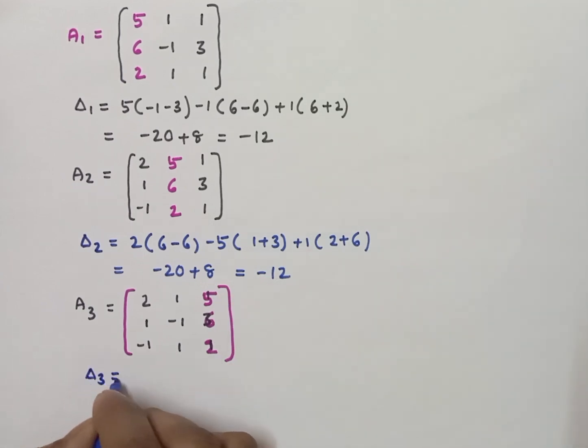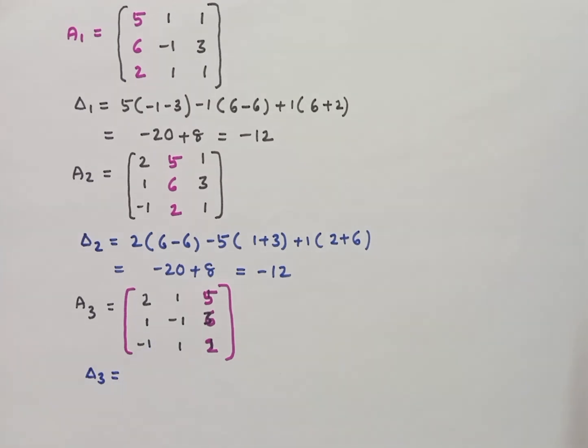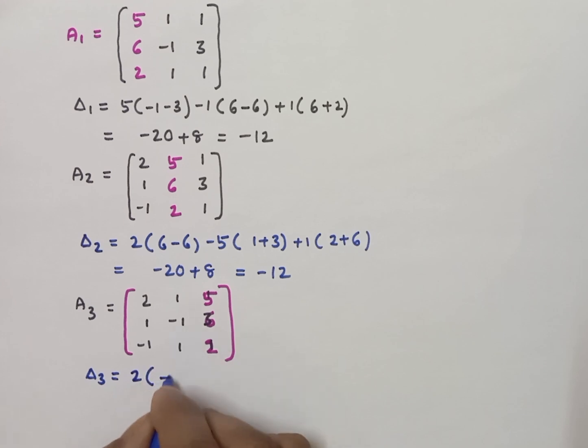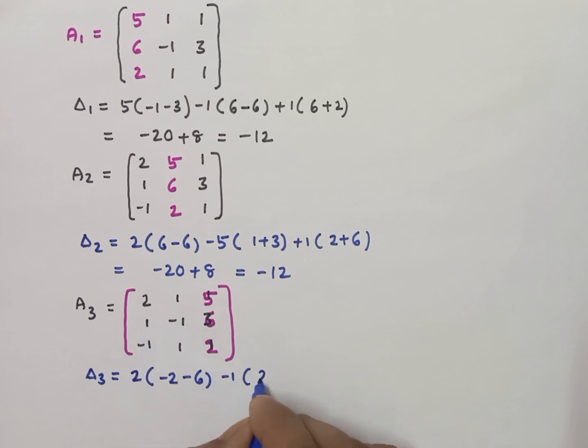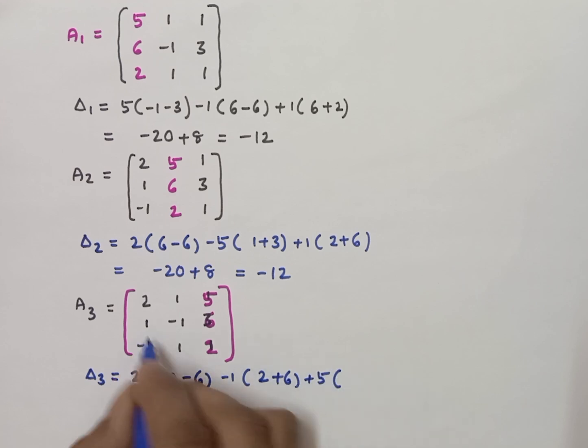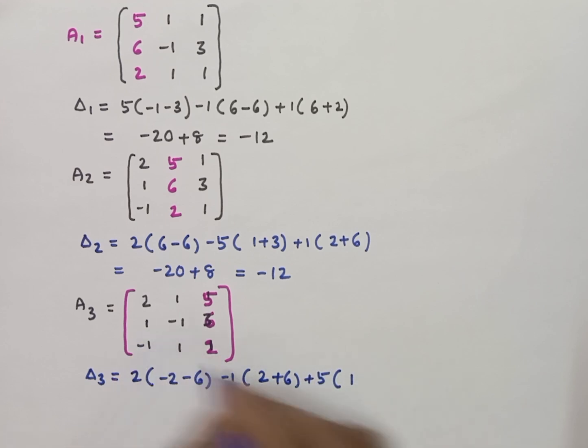If you find delta 3, same process, apply the formula: 2 into 2 into minus 2 minus 6, minus 1 of 2, and it will become plus 6, and plus 5 into 1, and both are having minus, so you can write 1 minus 1. If you know the formula and do more problems, you'll get it easily.